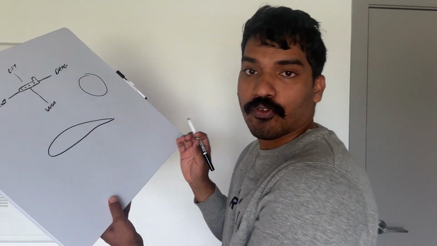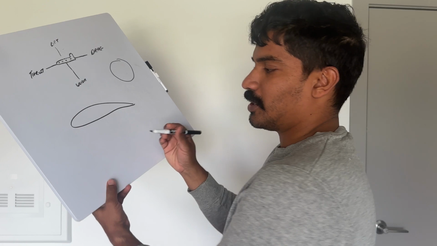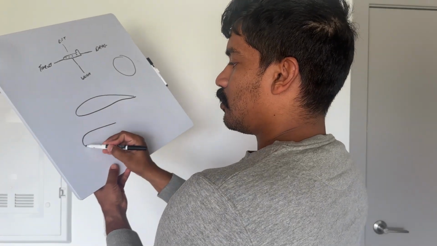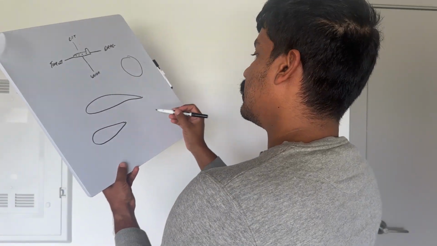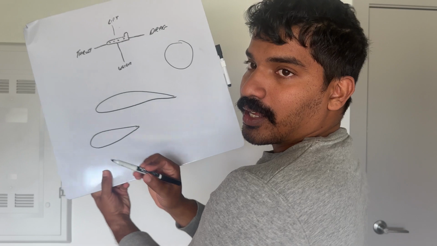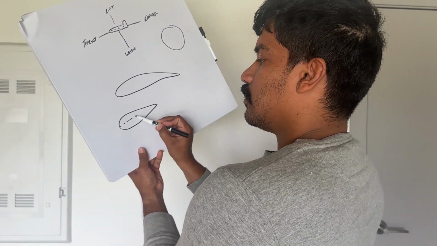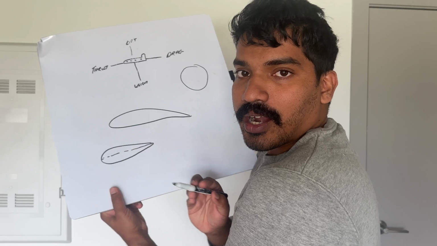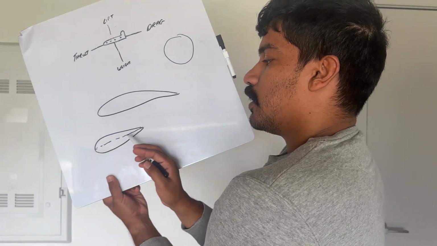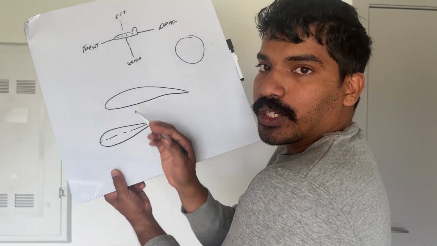Even in an aerofoil I want to talk about something basic. There is something called a symmetrical aerofoil and an asymmetrical aerofoil, right? Symmetrical is one in which, if I cut an aerofoil in two halves, we get two equal halves.